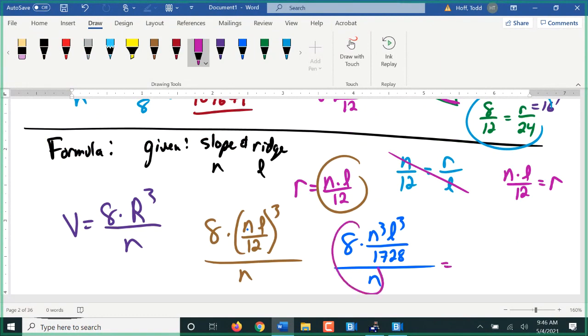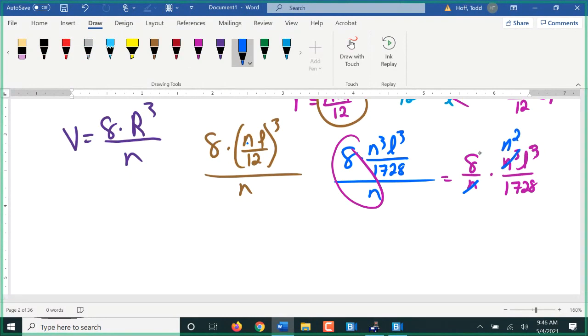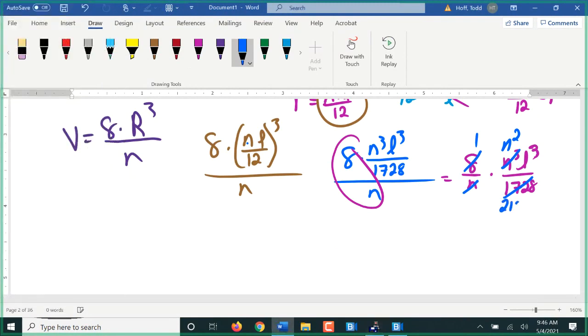I'm going to have the 8 over N times the N to the third L to the third over the 1,728. And I'm going to do a little cross canceling here. I'm going to cross cancel one of the N's. So this is now N squared. I'm also going to cross cancel the 8 and the 1,728. 1,728 divided by 8 gives us 216.